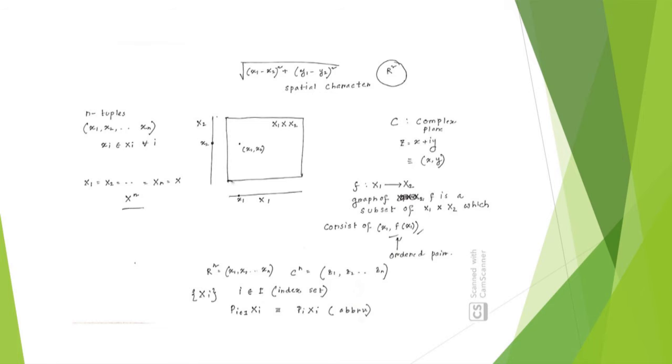The n-tuple (x1, x2, up to xn) is simply a function defined on the index set capital I with the restriction that its value x of i is equal to xi, an element of the set capital Xi, for each small i belonging to the index set capital I. Our point of view here is that the function small x is completely determined by, and is essentially equivalent to, the array x1, x2 up to xn of its values.